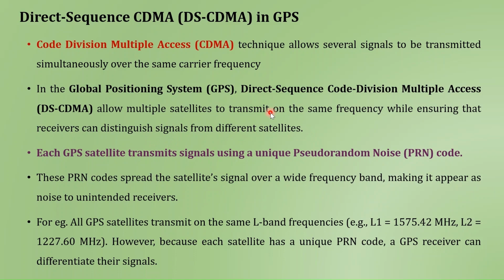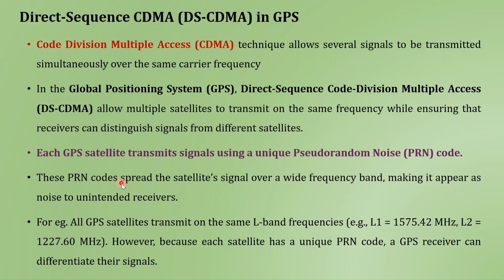And how is this differentiation done? The data is code specific, and this code is generated using the spread spectrum method. So the data is transmitted from each GPS satellite as a signal using a unique pseudo-random noise code.